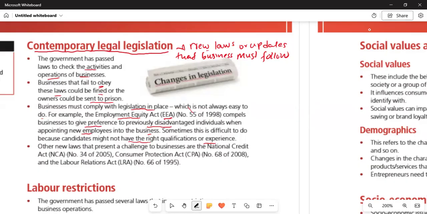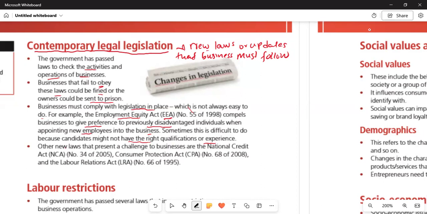Those previously disadvantaged people, this act wants them to be included, to be able to get the chances and promotions that others are getting as well. The challenge is that the business is forced to do so, and then you may find that those people don't have the right skills or qualifications. That is a challenge that comes up with this act.